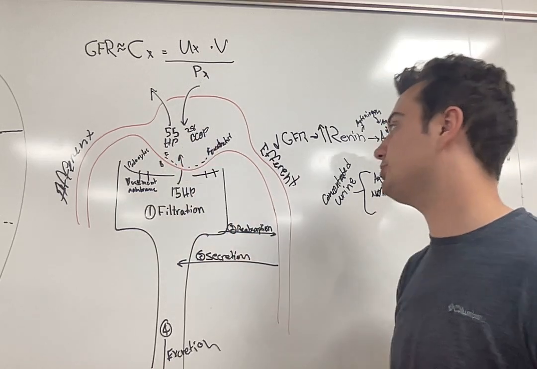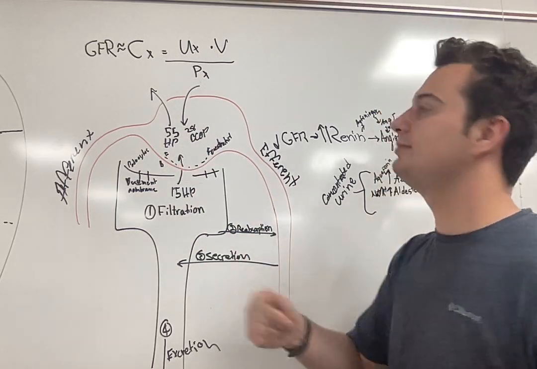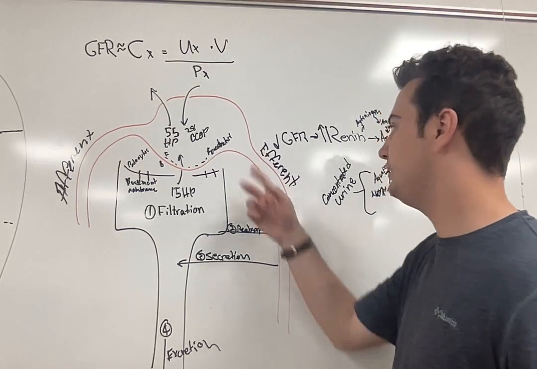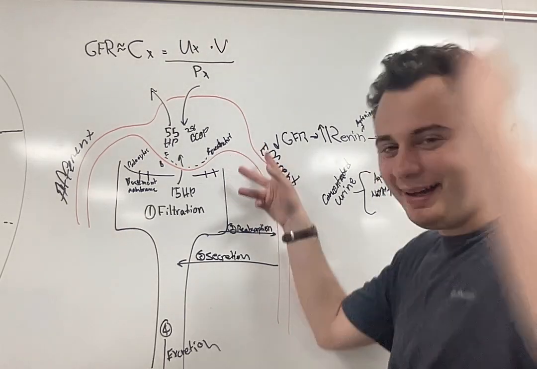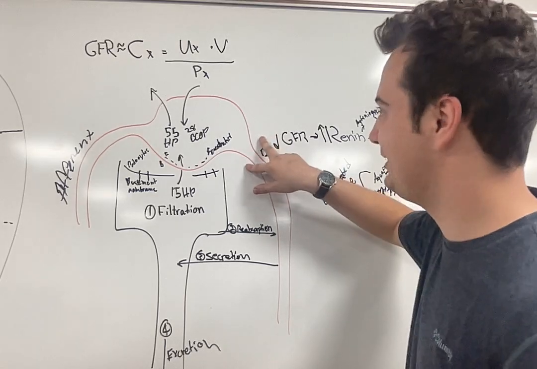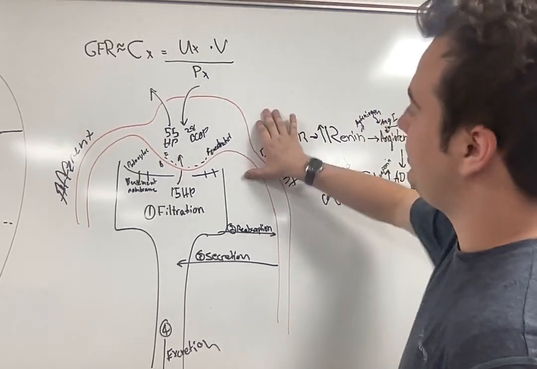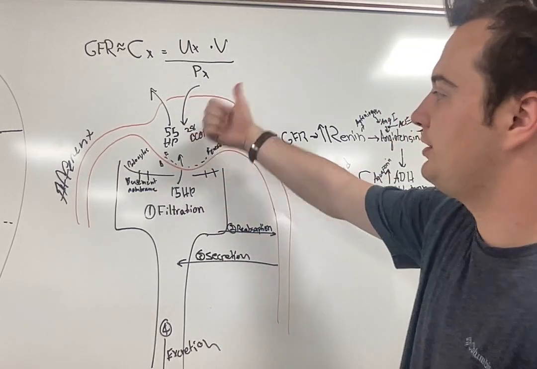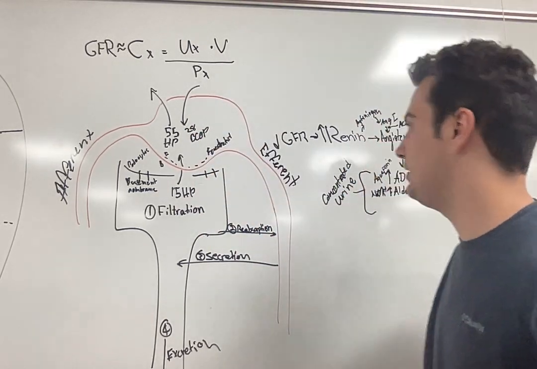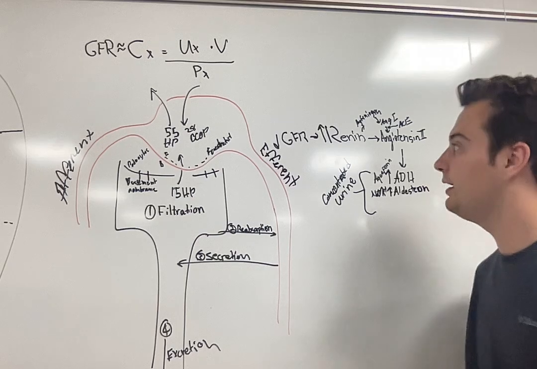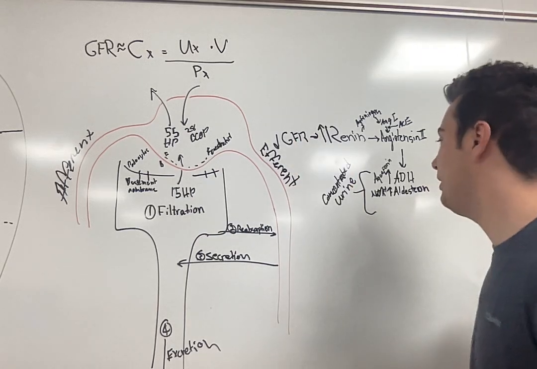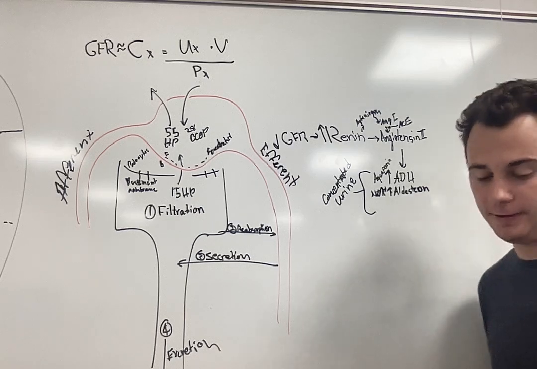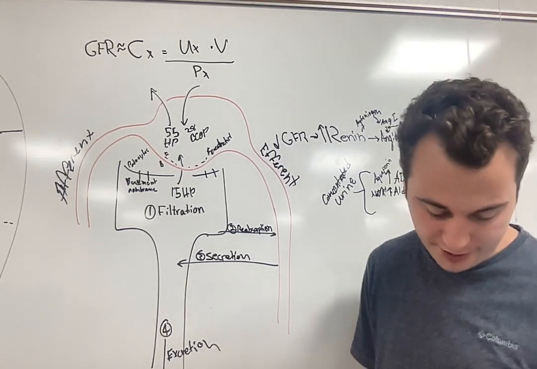And you can vasoconstrict the efferent, that's what adenosine does. Wait, does it? Oh, that's so annoying. I can't remember exactly. Vasoconstricting the efferent would also increase the mean arterial pressure within the glomerulus, and that would increase your GFR, helping to restore balance. But these are just two additional toolkits that your body can use to help deal with that.